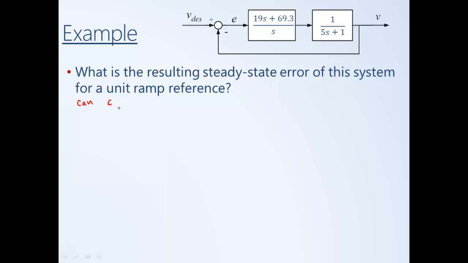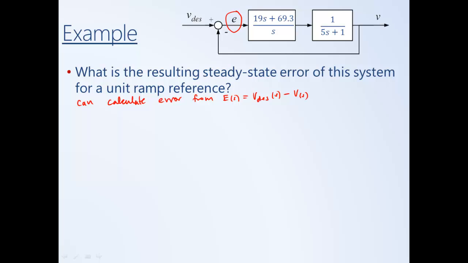We can calculate error from the fact that error is the difference between what's commanded or what's desired and what we're actually achieving. In this case, since our output is V and we have a unity feedback system, E, the error, is that signal in our transfer function.